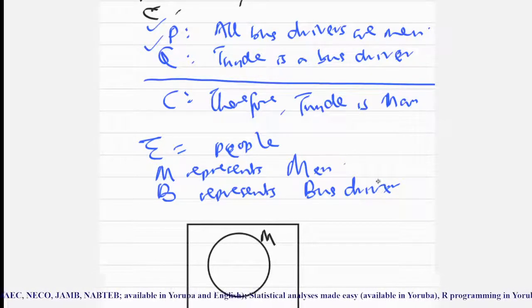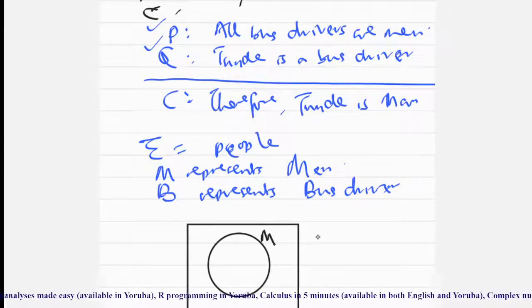If I have another circle, which is the first premise, the first premise says all bus drivers are men. I hope you understand now.